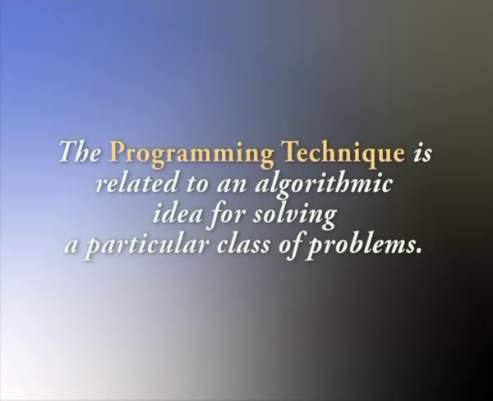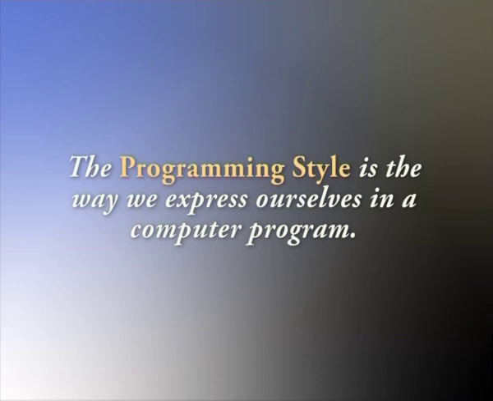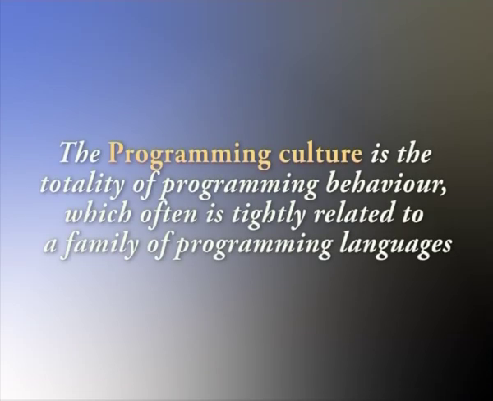The programming technique is related to an algorithmic idea for solving a particular class of problems, for example, divide and conquer and program development by stepwise refinement. The programming style is the way we express ourselves in a computer program. It is related to elegance or lack of elegance. The programming culture is the totality of programming behavior, which often is tightly related to a family of programming languages.